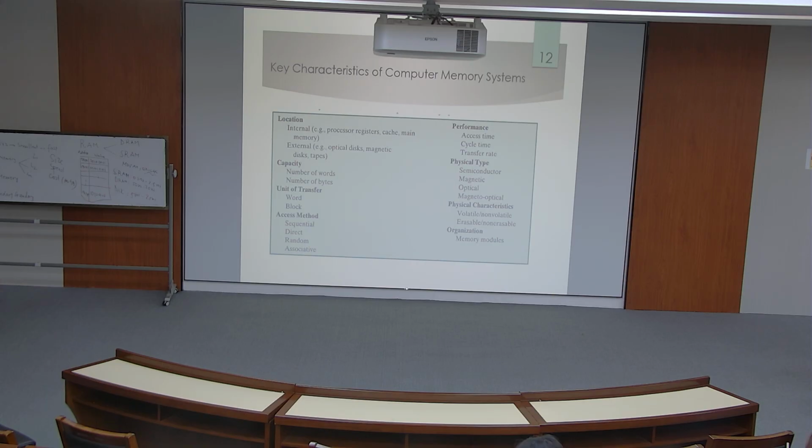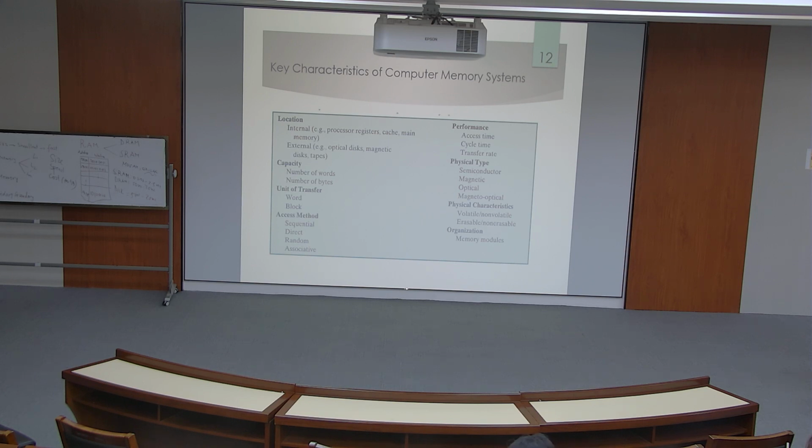Now, when it comes to memory performance, we need to talk about memory access time. What is the memory access time? We need to talk about the cycle time as well as the transfer rate. So these are more related to computer memory performance.